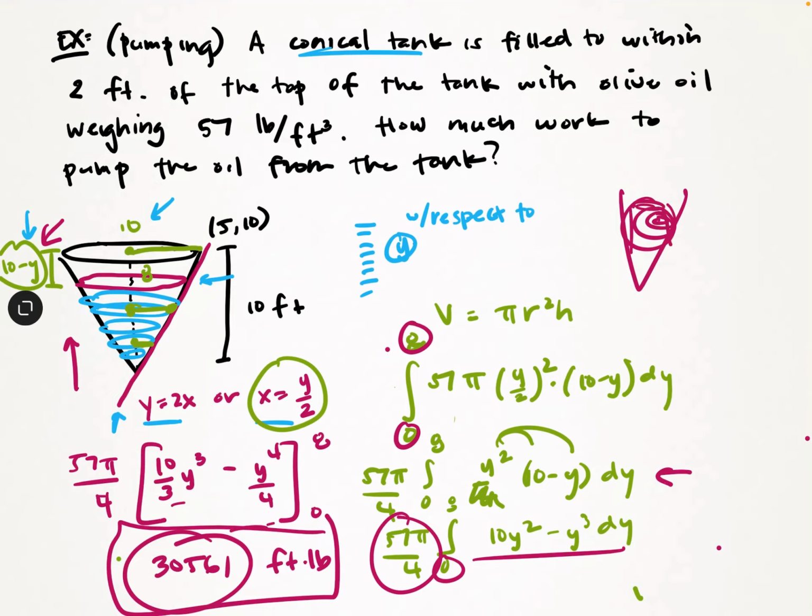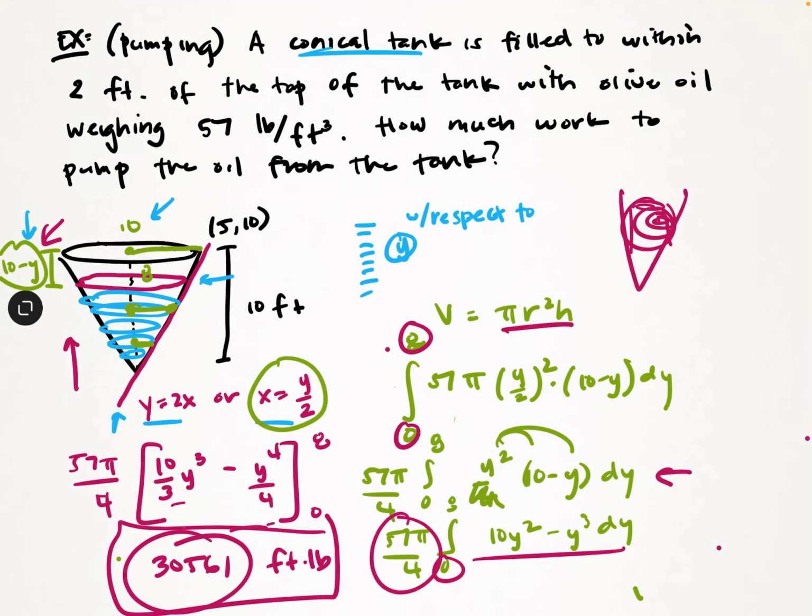You could have done it. It'd probably be a little bit harder though. But we decided to do it with respect to y because we're just stacking simple circles on top of each other. Then we said, okay, we know that the volume is equal to pi r squared times h. That's the volume for our cone.